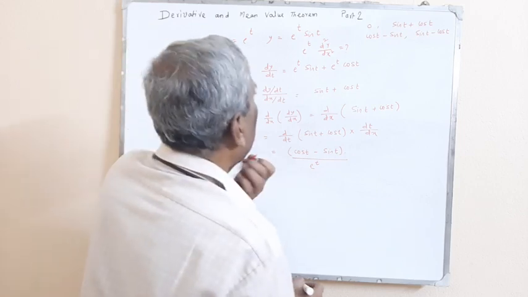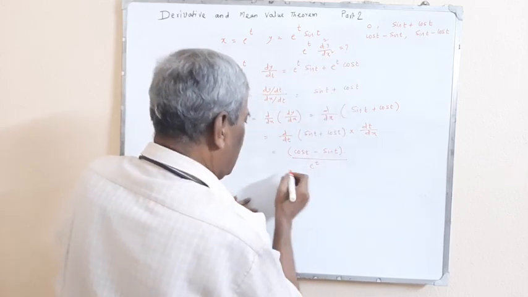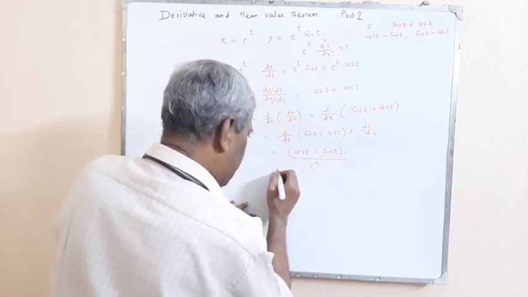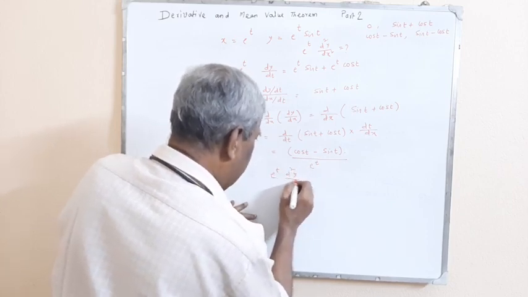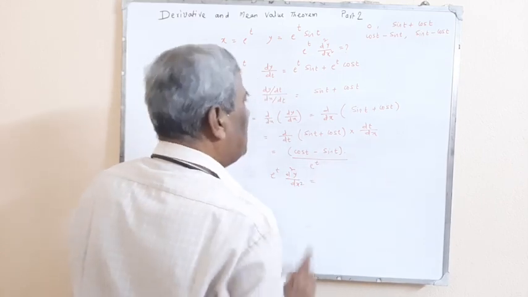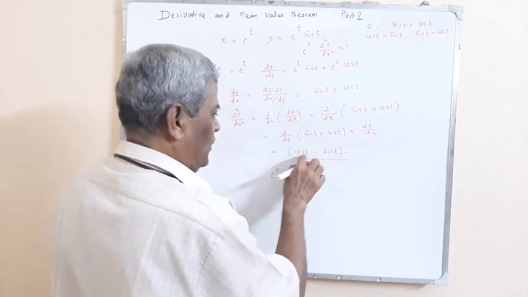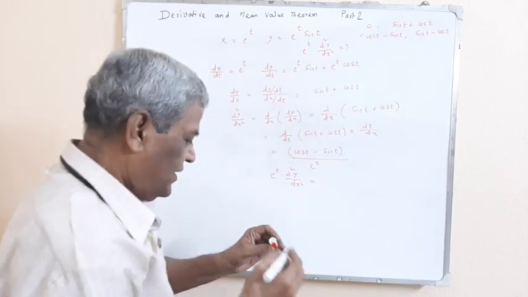Our answer, we have to find e to the power t into d2y dx2. Therefore, e to the power t multiplied with that d2y dx2 is equal to cos t minus sin t.